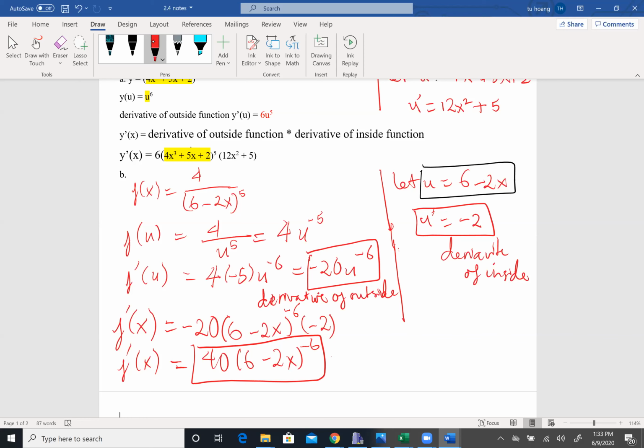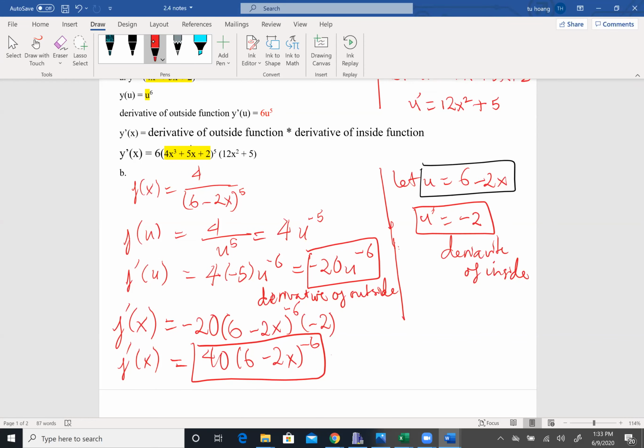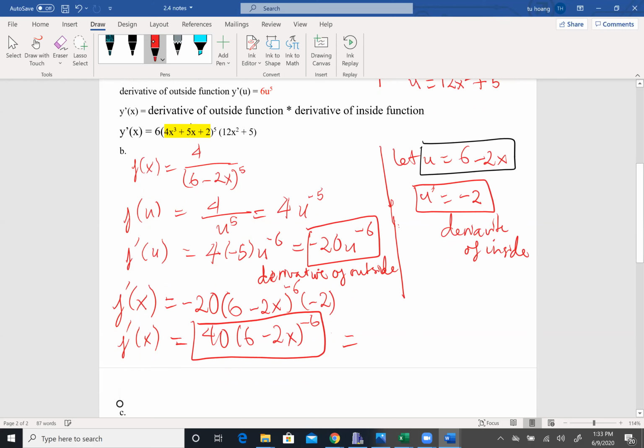If you want to change it to a positive power, you can make it 40 over 6 minus 2x, and then to the power 6 here. So both should be okay. I'm not sure about the expression work, but I think they should accept both answers.